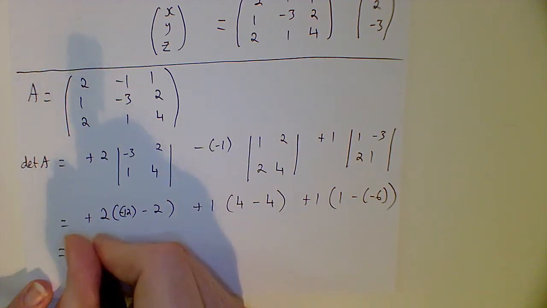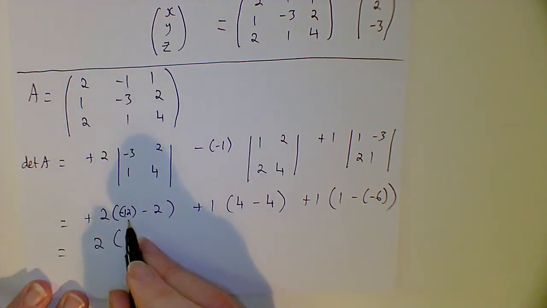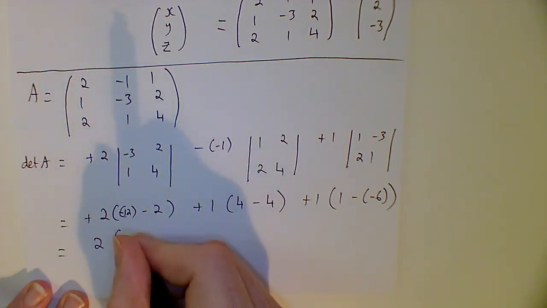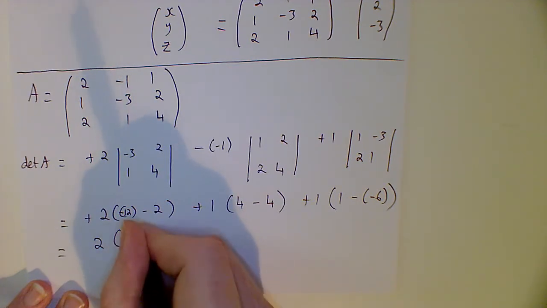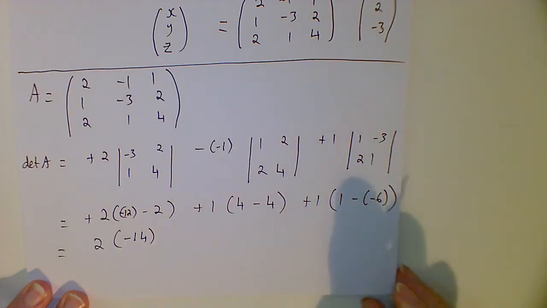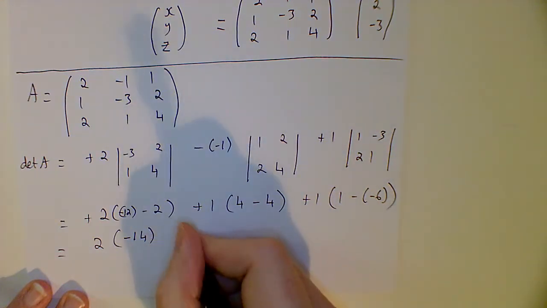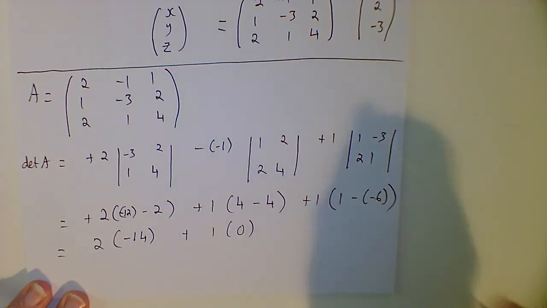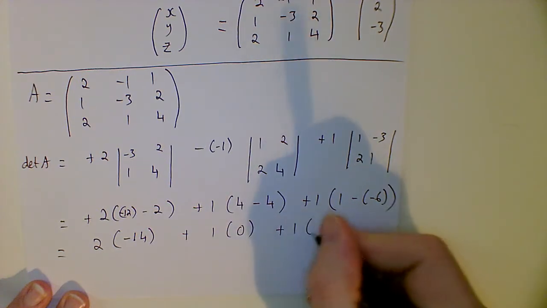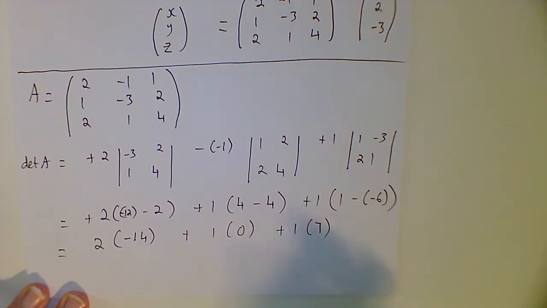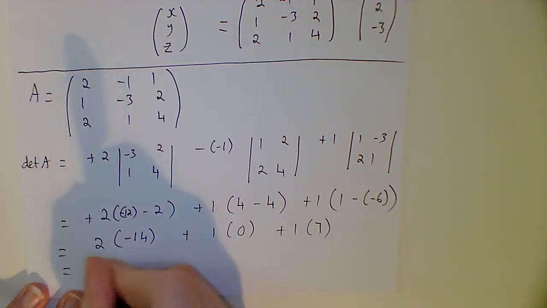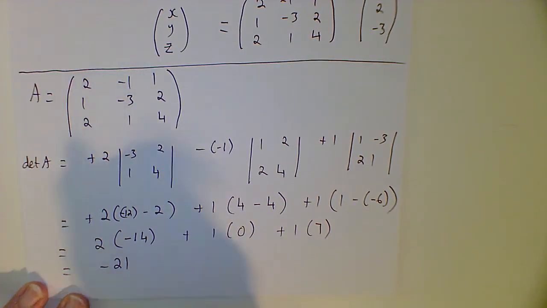So that gives me 2 times negative 14, plus 1 times 0, plus 1 multiplied by 7. If you put that all together, it gives you a determinant of negative 21.